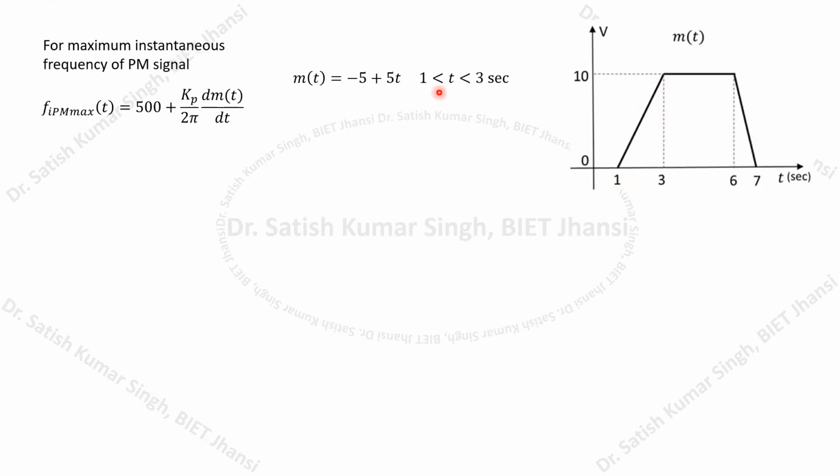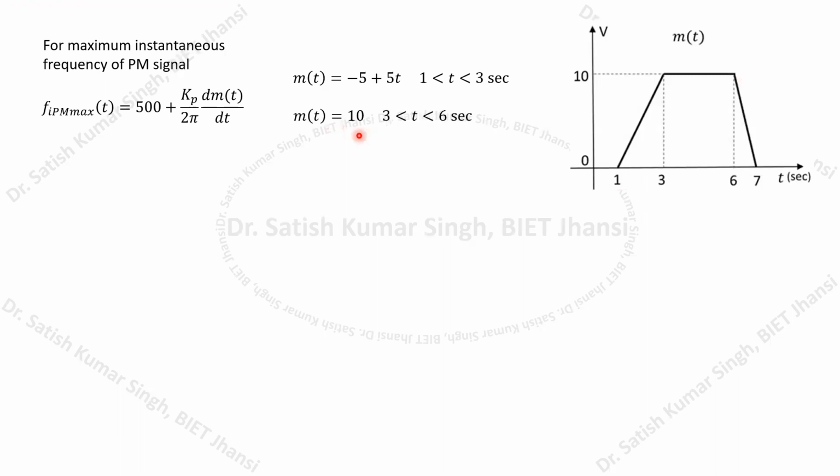In between this time duration, t equals 1 millisecond to 3 milliseconds, it is easy to show that this expression m(t) will be -5 + 5t. Similarly, in the interval 3 to 6 seconds, because it is a constant, m(t) will be 10.